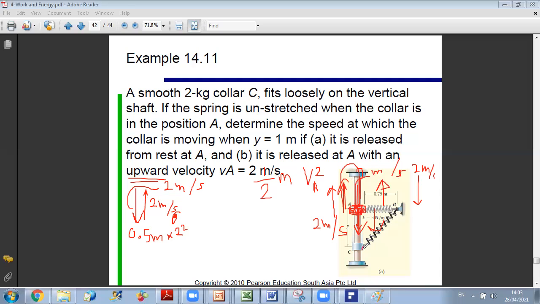So I will obtain at the end the same kinetic energy at C since I have no losses during my motion. Okay? Any question on this?